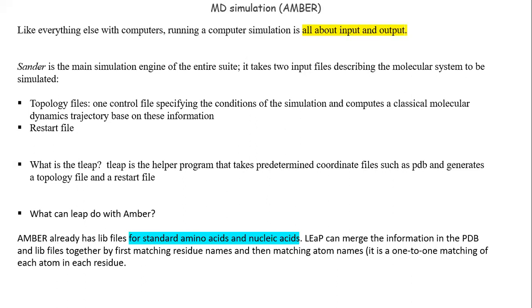For example, in the PDB file the name of the water molecule is H2O or something like that, but in the Amber lib files the water molecule name is in all capital letters. If the names of the residues do not match, Amber couldn't recognize the water molecule, and therefore did not add the water molecules to the topology file. So it gives you many errors.